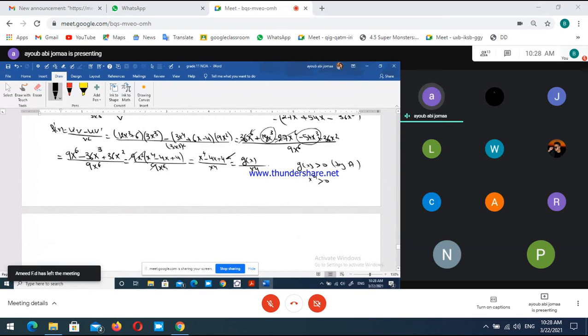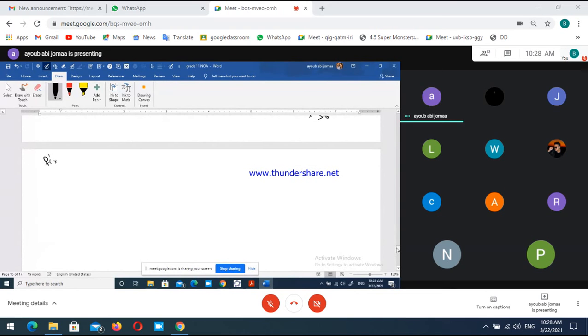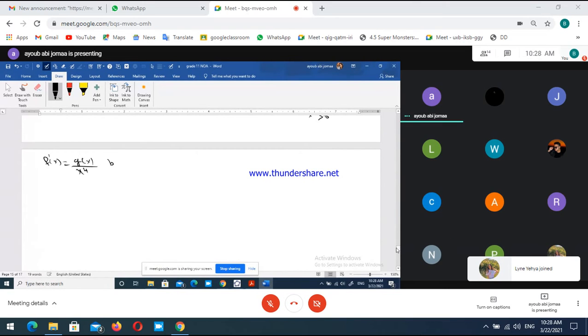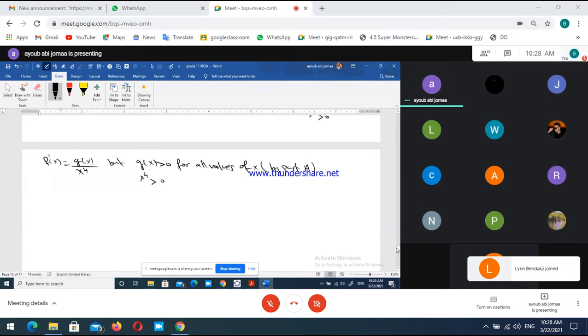So to set up the table of variations, I can say f prime of x is equal to g of x over x to the power 4. But g of x is greater than 0 for all values of x, by part A, and x to the power 4 is positive for x different than 0.